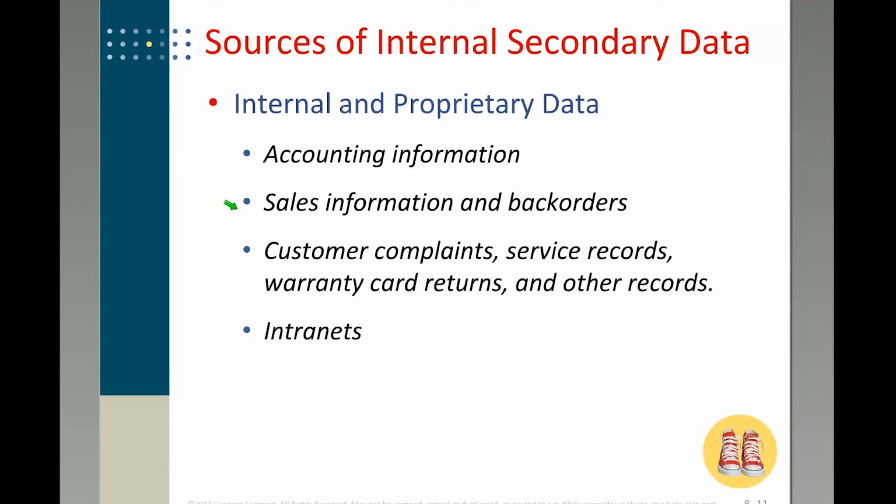You can also get data for sales information, back orders, consumer complaints, service records, warranty card returns, and other records. Okay, and it depends on the company. Some companies even maintain an intranet. That means only employees are able to access this network, and they will be able to access information that's available in the network.